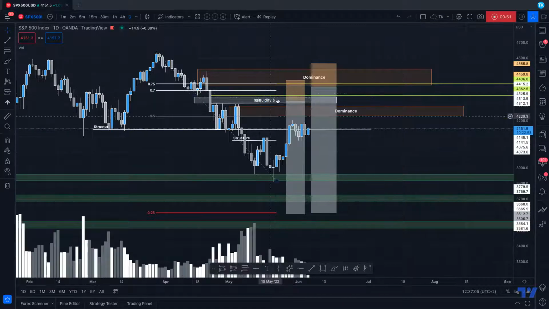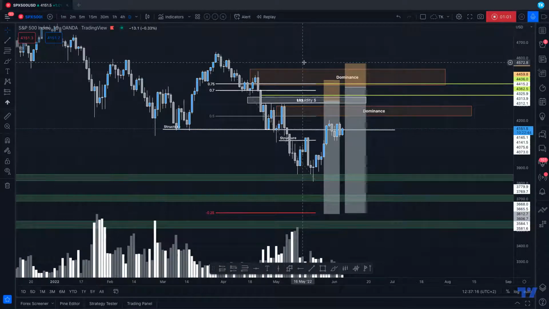Okay, so let's start with S&P, and these are the drawings that I made 2 weeks ago.